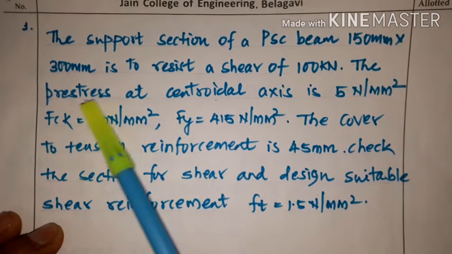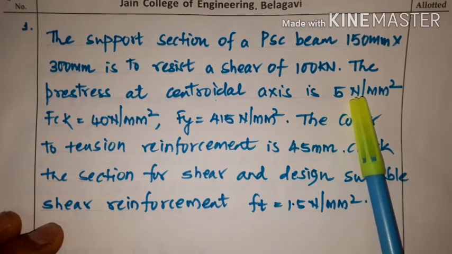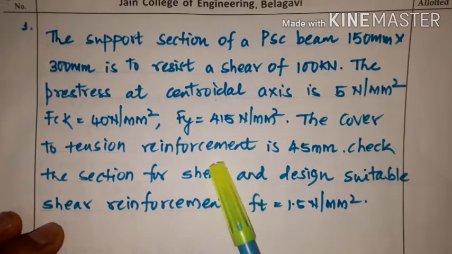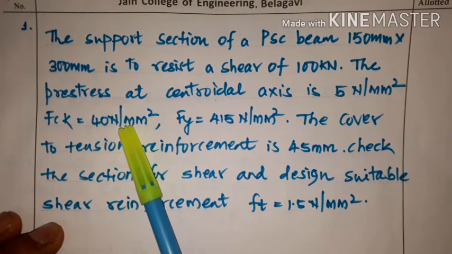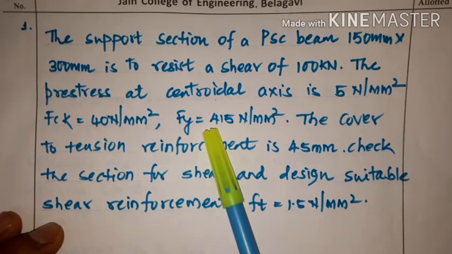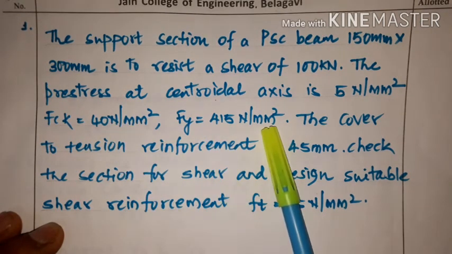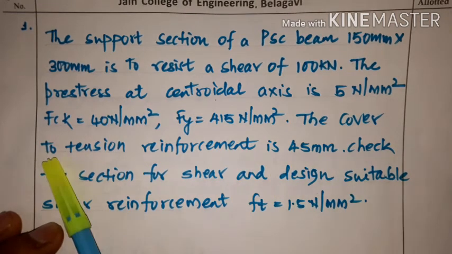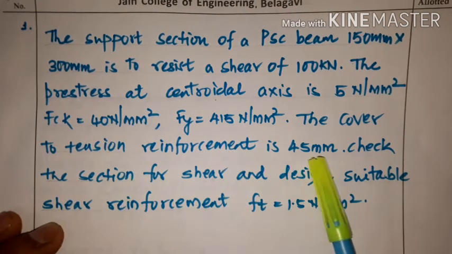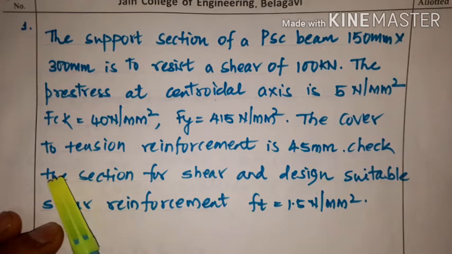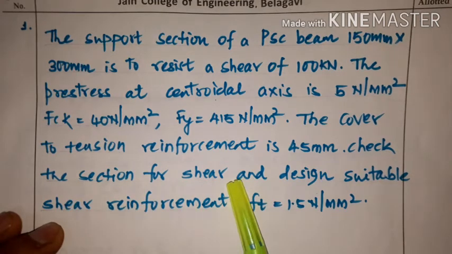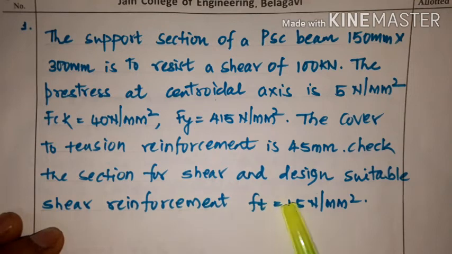The pre-stress at centroidal axis is 5 Newton per mm square. FCK is equal to 40 Newton per mm square. Fy is equal to 415 Newton per mm square. The cover to tension reinforcement is 45 mm. Check the section for shear and design suitable shear reinforcement. Take Ft is equal to 1.5 Newton per mm square.